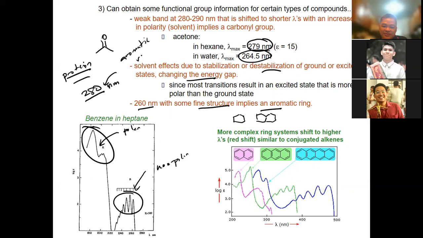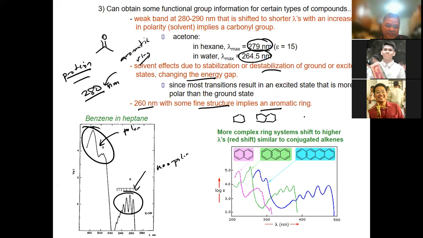Nandiyan yung aromatic ring. Phenylalanine, tyrosine. Okay? And that's the one that can give you the absorbance. Of course, depending on the protein, iba yung molar absorptivity niya. But usually, it's at 280 that you can get the maximum signal, yung lambda max.